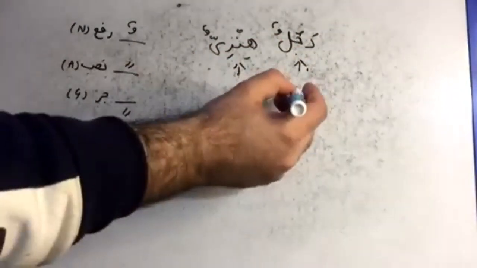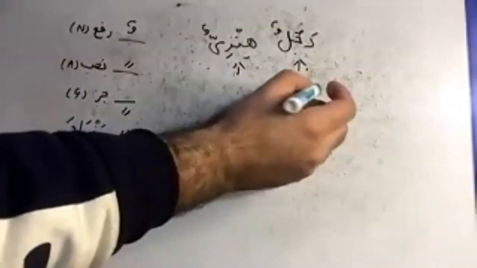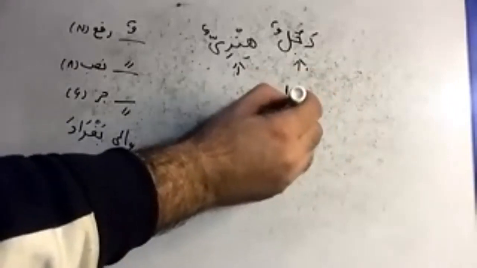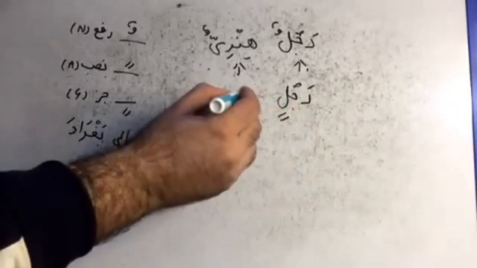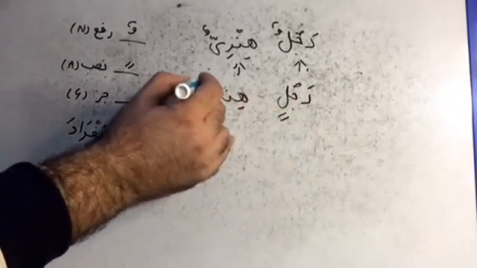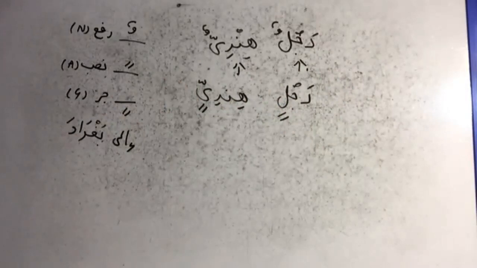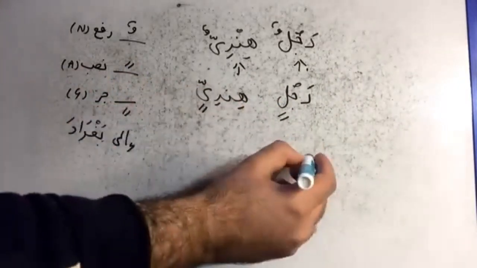If it goes rajulin, this will be hindiyin, right? And if it goes into nasb, if it's tanween, if it's nakira, indefinite, we add an alif, right?